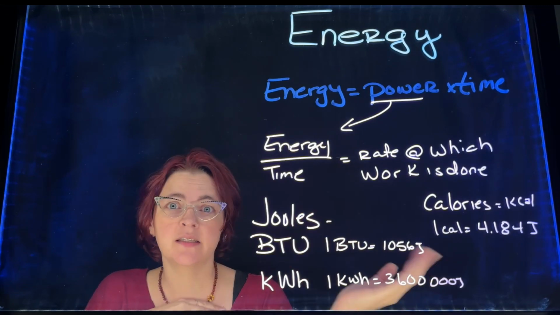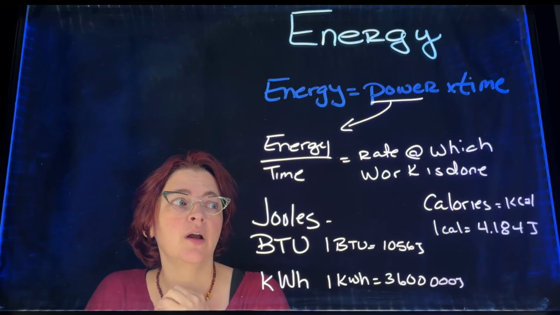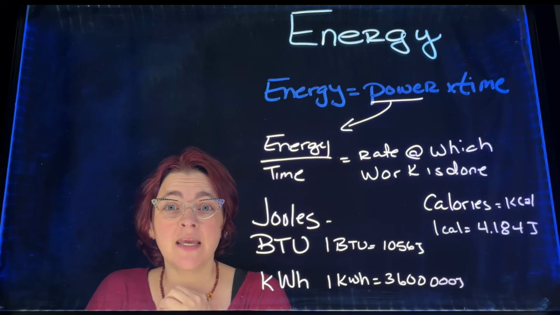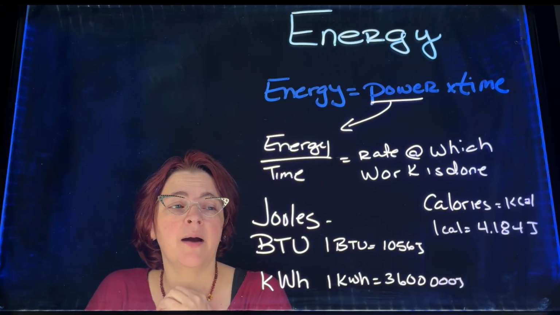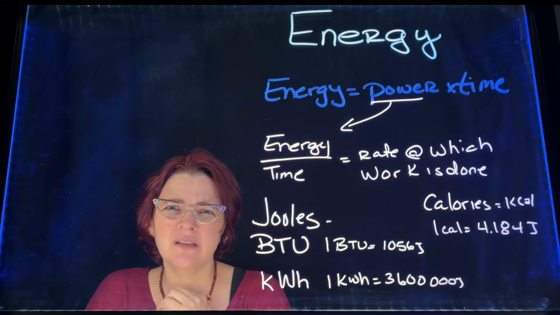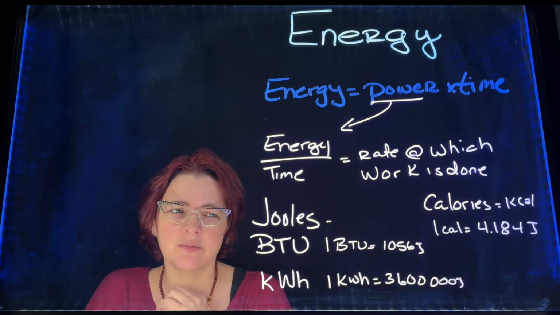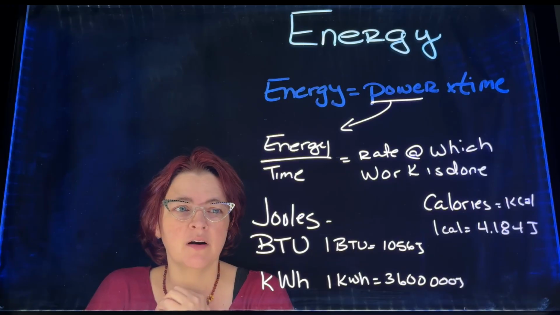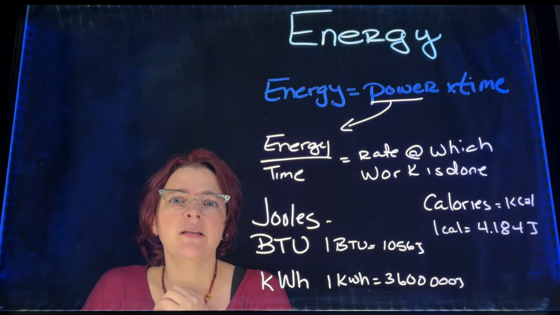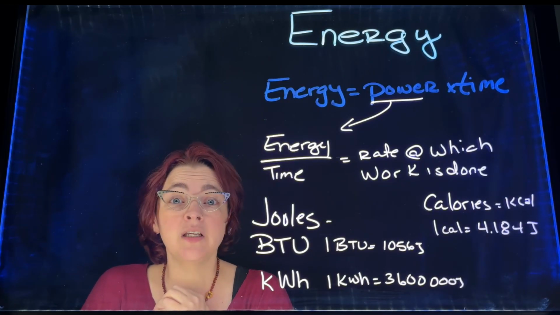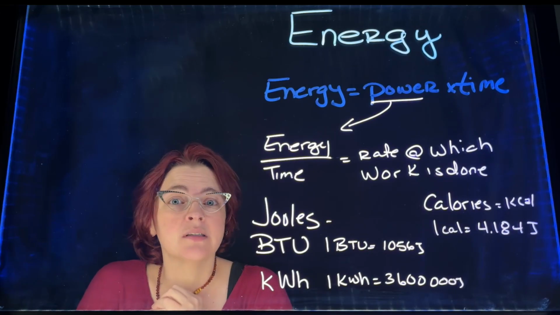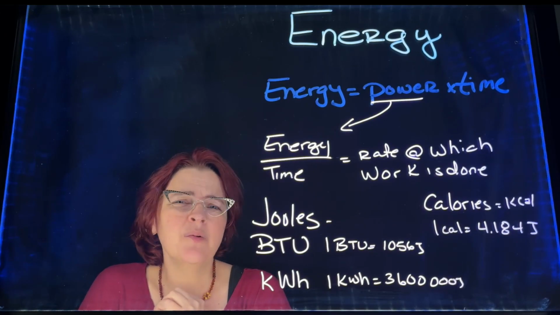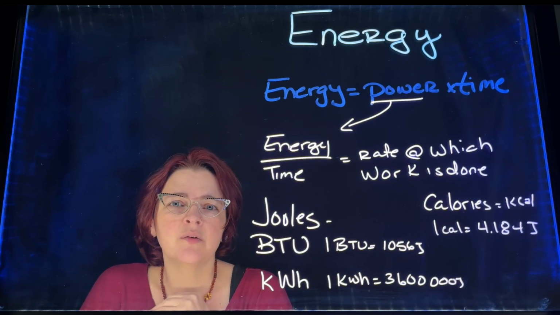Calories, like I said, are generally related to food intake and output. BTUs, the place that we see them the most is with air conditioners. BTU is British thermal unit. So if you ever go shopping for an air conditioner, you might see it rated with how many BTUs it uses as energy. Kilowatt hour is generally used with your electricity.